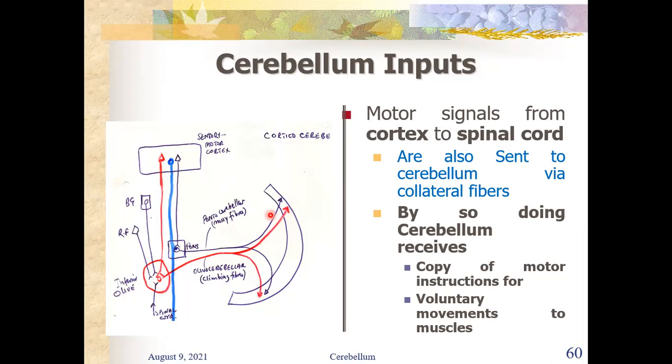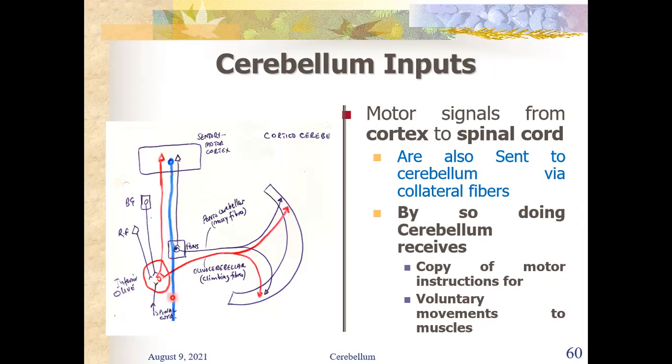It helps to coordinate what information is being sent down to the spinal cord to carry out voluntary movement of muscles. The cerebellum is there to check and compare the type of movement that will be executed.